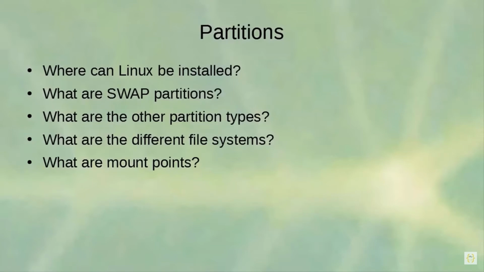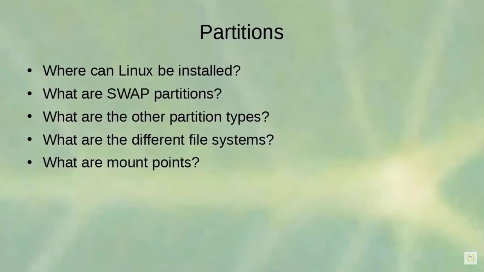LVMs make it possible to resize and move data around seamlessly, so it's kind of nice to have. But if you aren't making huge changes, or adding or removing hard drives, or if you're using a virtual machine, there's really no need to have LVM. You can just stick with your standard Linux partitions.